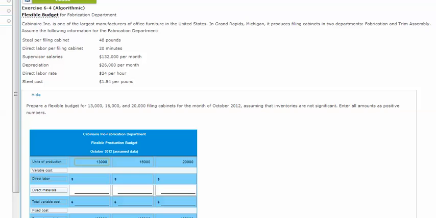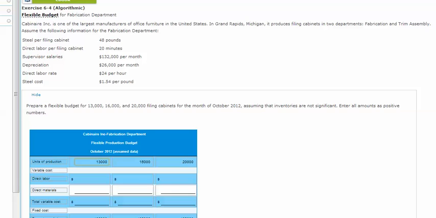Let me double check that because I may have miskeyed that. 48 pounds times the 13,000 units, 624,000 pounds. So for that level of production, it is 624,000 pounds of steel.